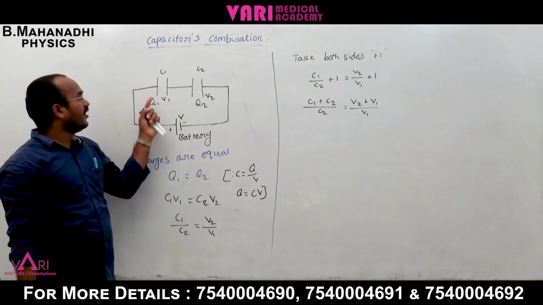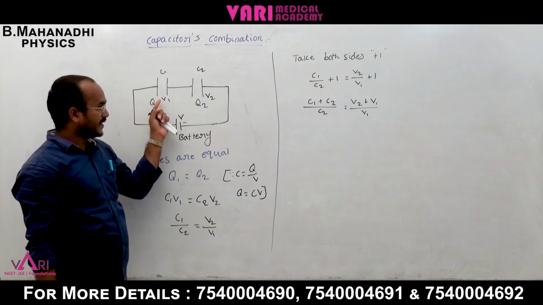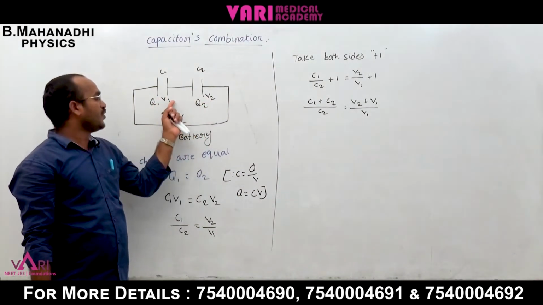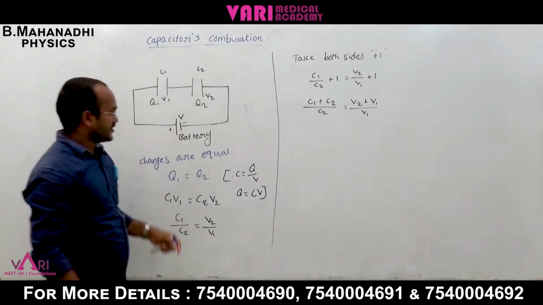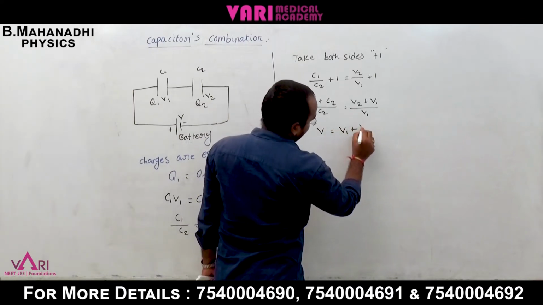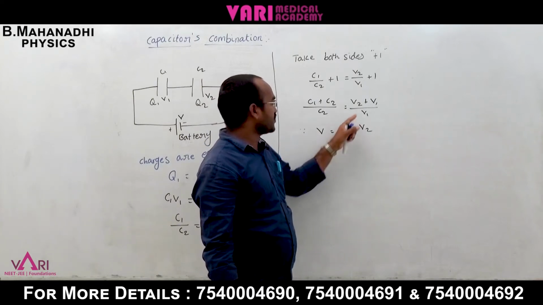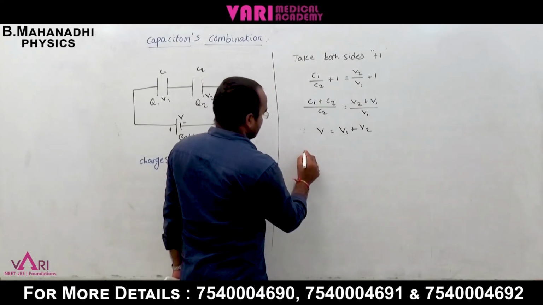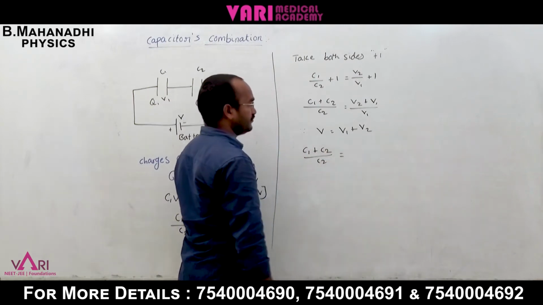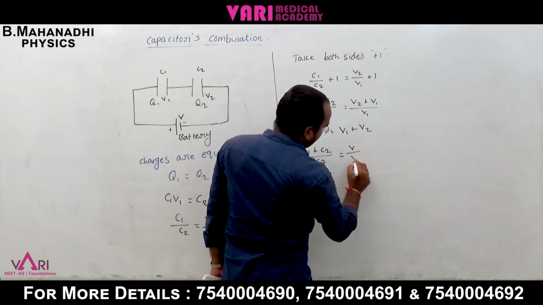Now coming to the point. The potential of each capacitor is the first capacitor's potential V1 and the second capacitor's potential V2, and the battery potential V equals V1 plus V2. Substituting V equals V1 plus V2 in the above equation, C1 plus C2 by C2 is equal to V by V1.